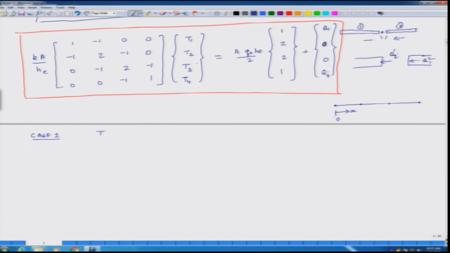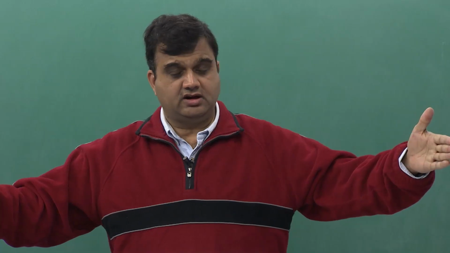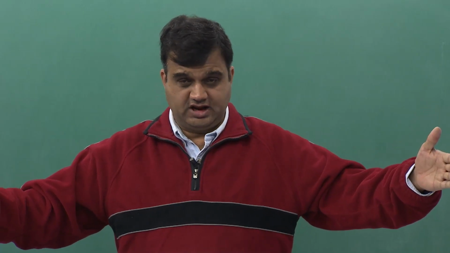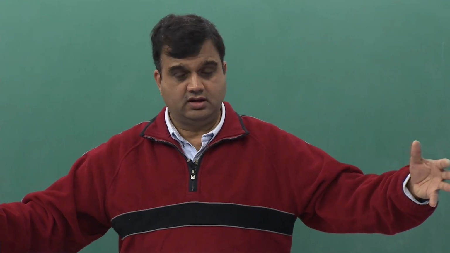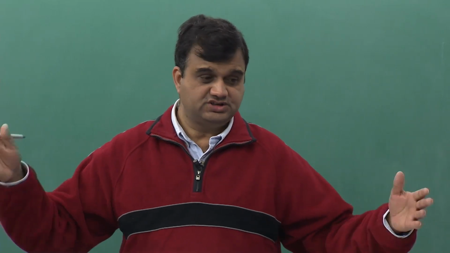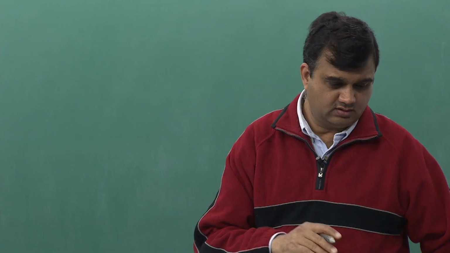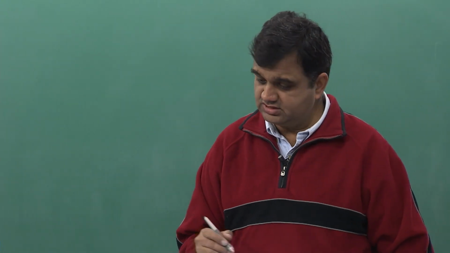So, at x equal to 0, I say that temperature is T A, and at x equal to L, temperature is T B. So, I am saying that I have a bar and the temperature at the left end is prescribed as T A, and the temperature at the right end is prescribed as T B. So, this is one set of boundary conditions.